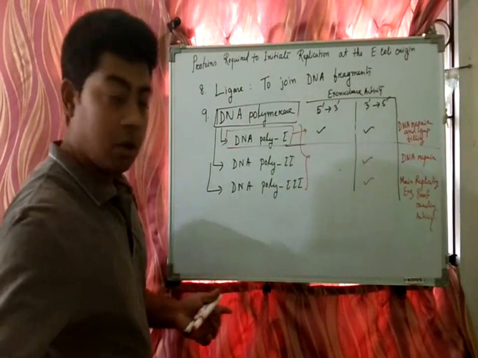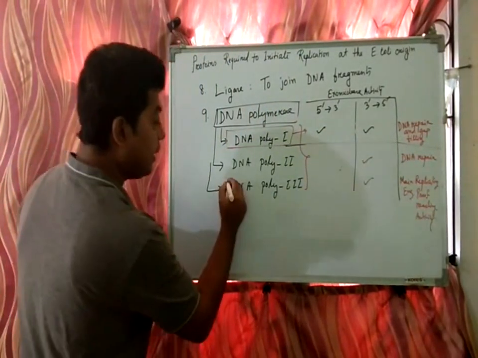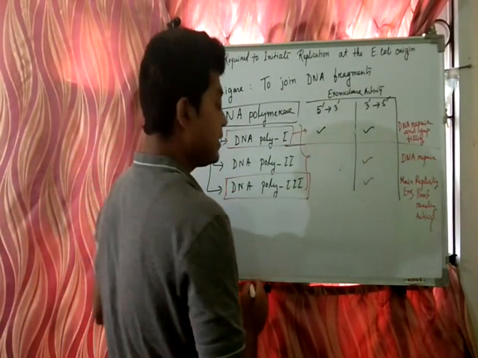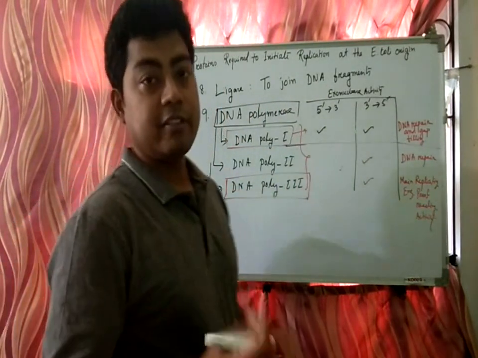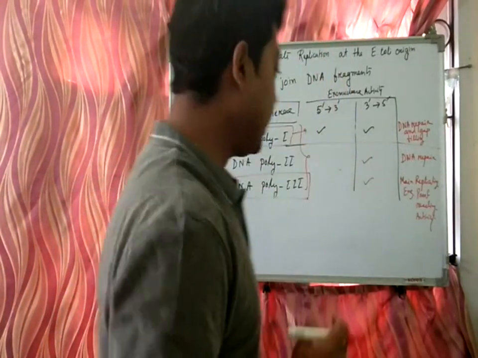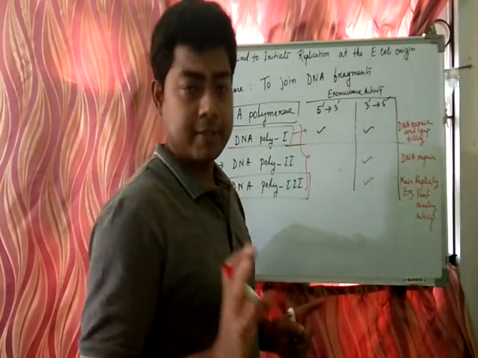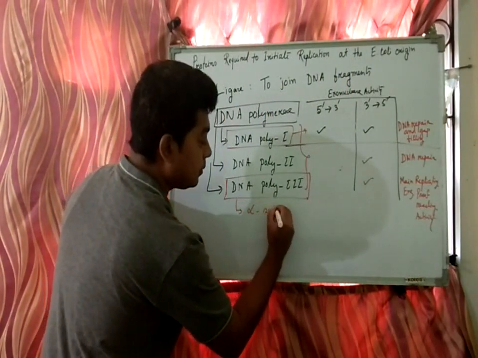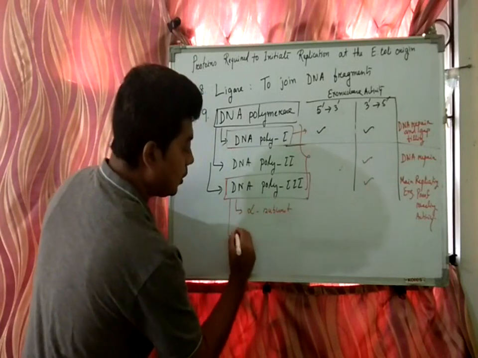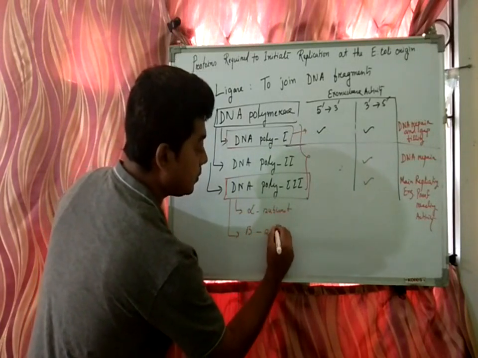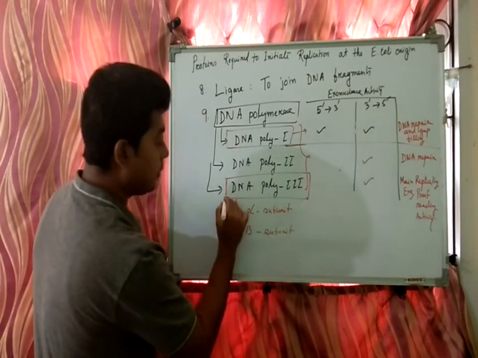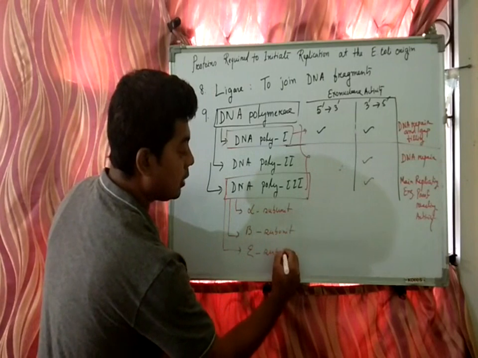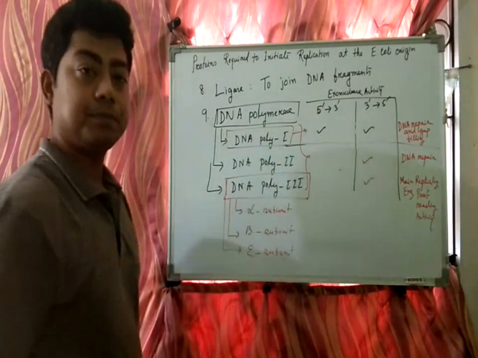Now, we'll discuss DNA polymerase III. DNA polymerase III has several subunits. Several types of subunits are there, but here we'll discuss some important subunits like the alpha subunit, beta subunit, and epsilon subunit.